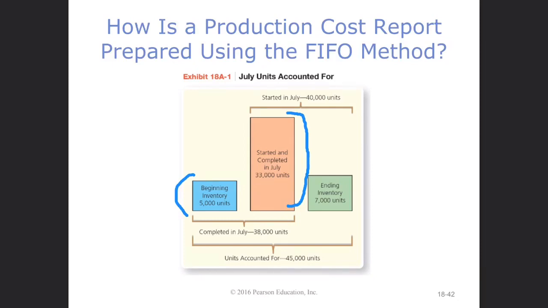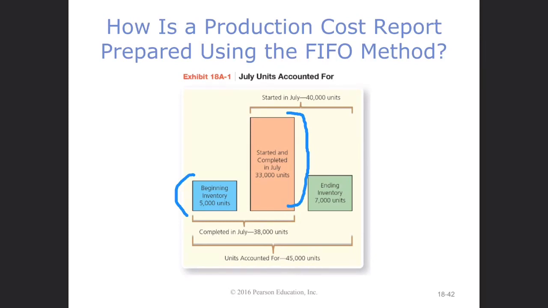So don't let that confuse you. If you get a question that says the beginning inventory was 5,000, we started and completed 33,000 units, and our ending inventory was 7,000 units, and how much was completed in July?